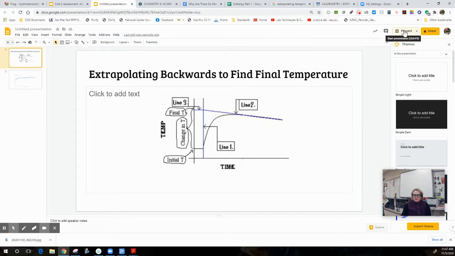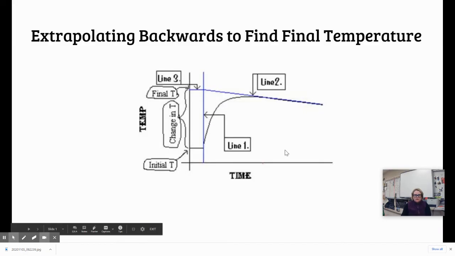All right, so what you are seeing here is a graphic that shows you how to extrapolate backwards on a temperature time graph to find the true final instantaneous temperature of a reaction. This is called the two-tangent method.